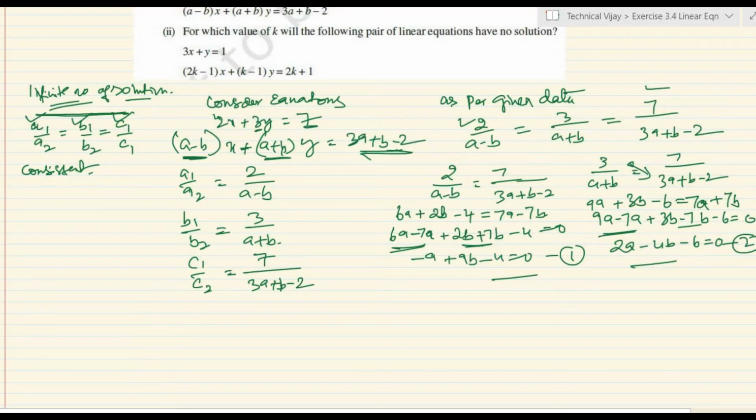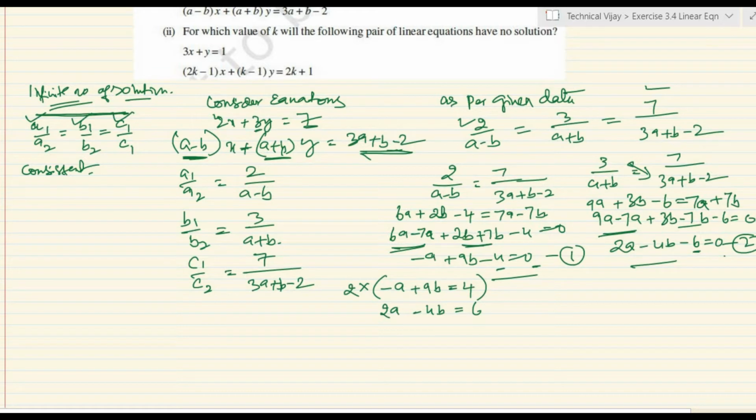So now I will rewrite this equation as minus a plus 9b is equal to 4, and this equation I will write as 2a minus 4b is equal to 6. Okay, 6 I have sent to RHS, 4 also I have sent to RHS. If you multiply the first equation with 2, then by the elimination method we can find out.